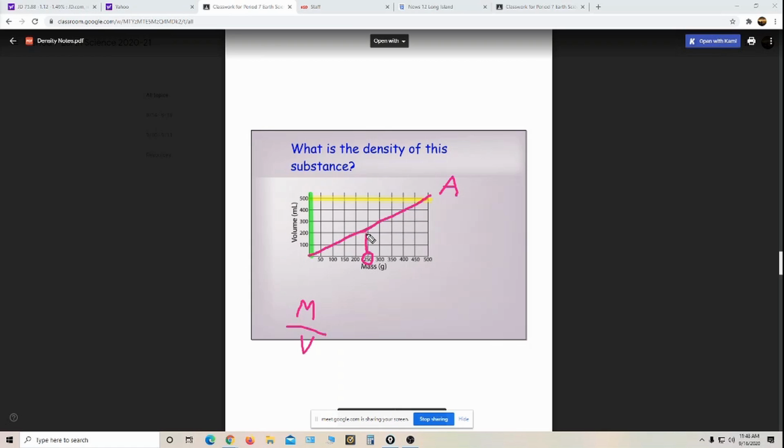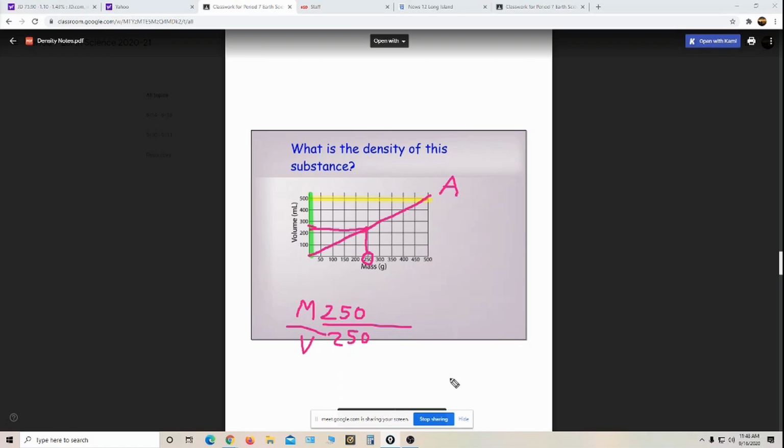You go up till you hit the line, and then you go across, just like that. So that would give us a mass of 250 would give us, okay, this should have been a little bit higher, a volume of 250. What's 250 divided by 250?